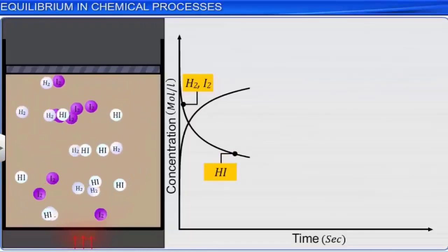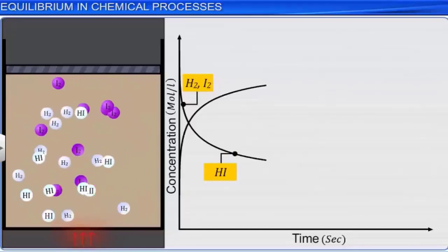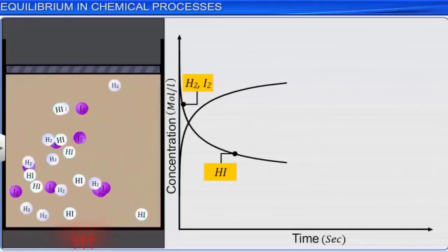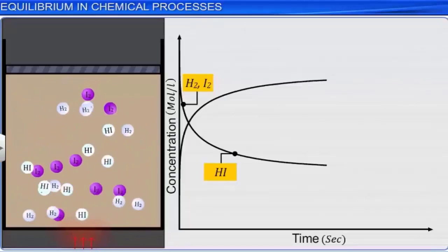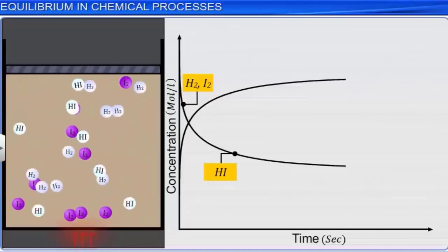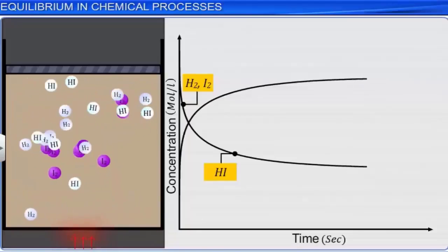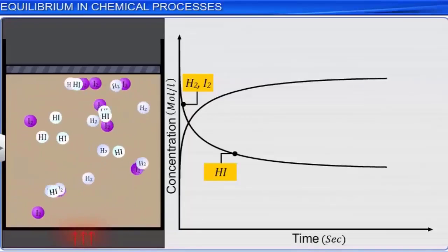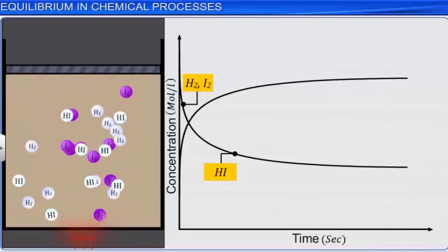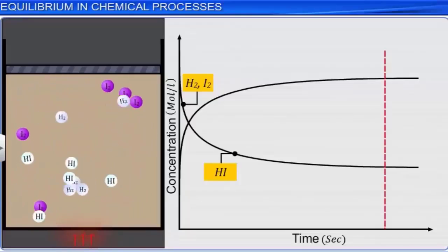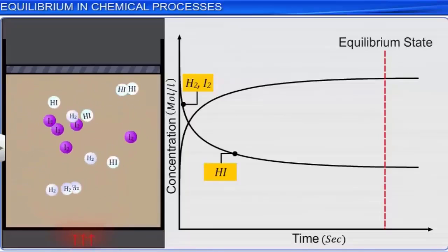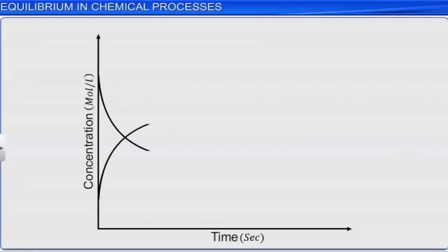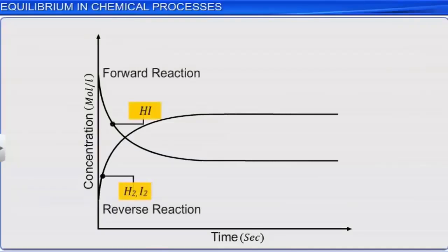As hydrogen iodide accumulates, the backward reaction of hydrogen iodide decomposing to hydrogen and iodine becomes significant. A stage is reached when the rates of the forward and backward reactions become equal, and the system is said to have attained equilibrium. At equilibrium, the concentrations of all the three species become constant.